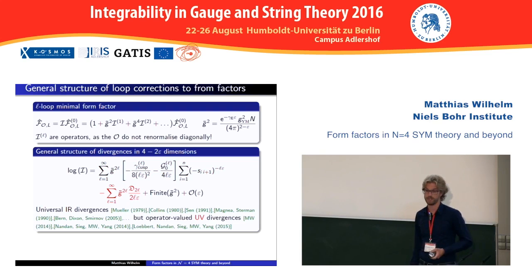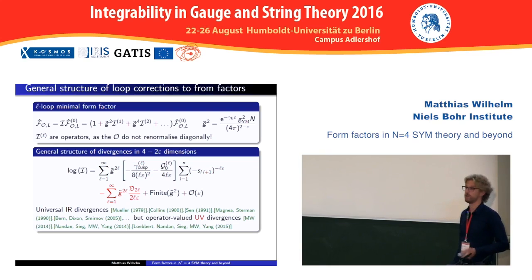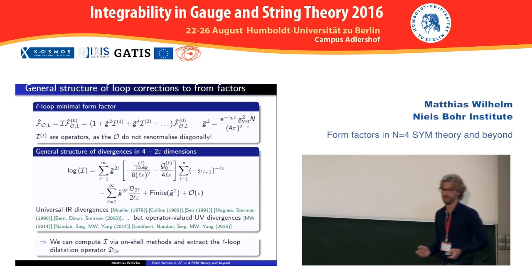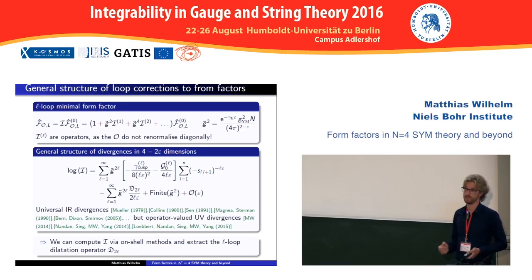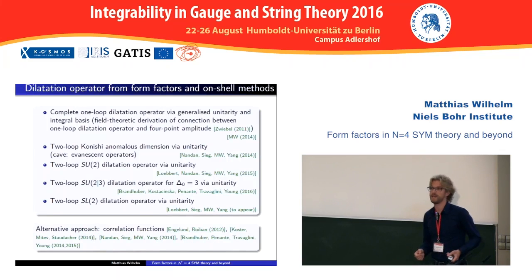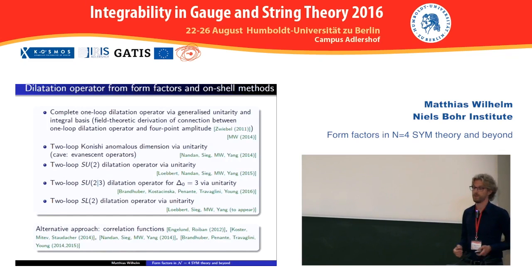In contrast to amplitudes, however, this logarithm also contains an operator-valued ultraviolet divergence, which is proportional to the dilatation operator. Hence, we can simply compute I via on-shell methods and read off the dilatation operator from the logarithm. This has by now been worked out in quite a number of examples.